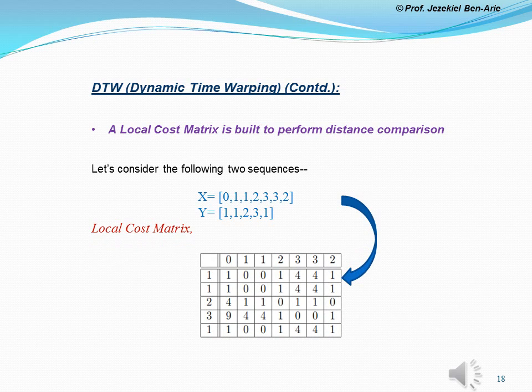The local cost matrix is simply found by calculating the corresponding Euclidean distance between samples. Each element of the local cost matrix corresponds to the distance between samples of X that corresponds to the column and a sample of Y that corresponds to the row.